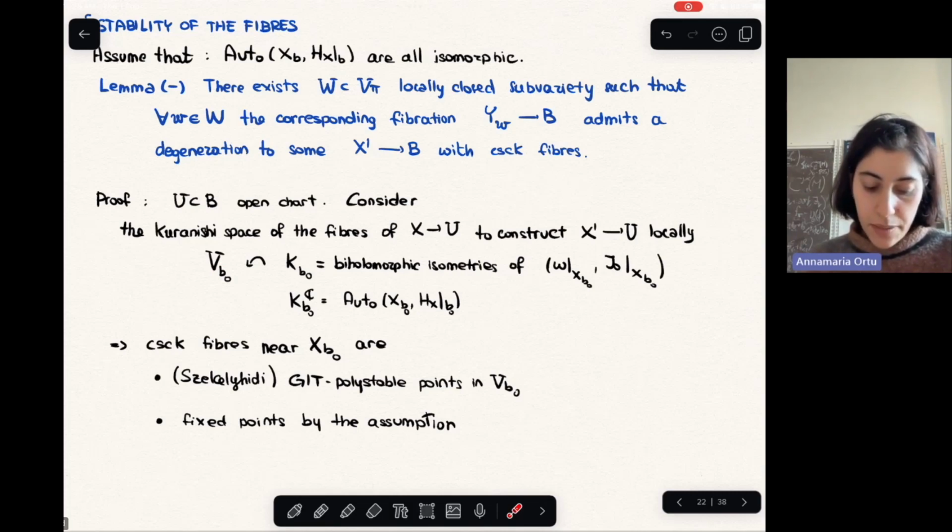The CSCK fibers nearby this special fiber are GIT polystable points for the action of the group of automorphisms of the fiber. But since they all have the same group of automorphisms, we have this assumption that these groups are all isomorphic, these points are all fixed.